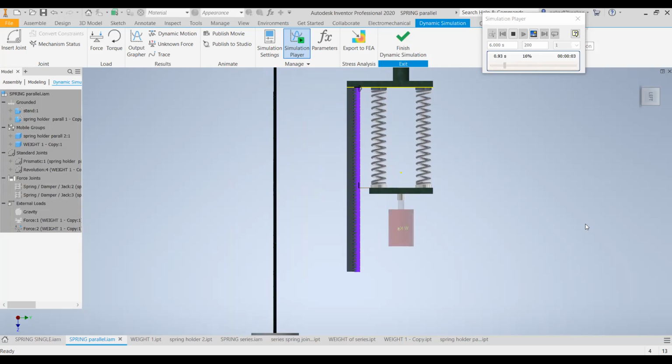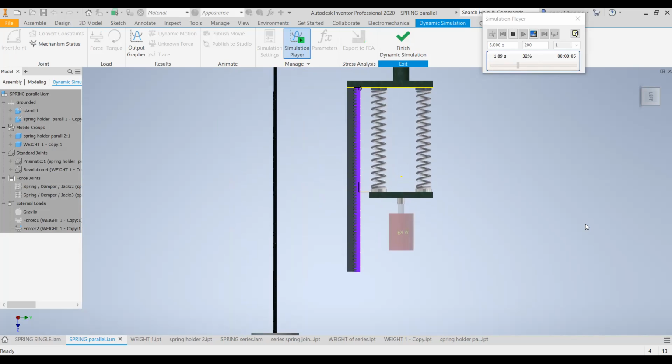This is the initial displacement, and this is the free oscillation.